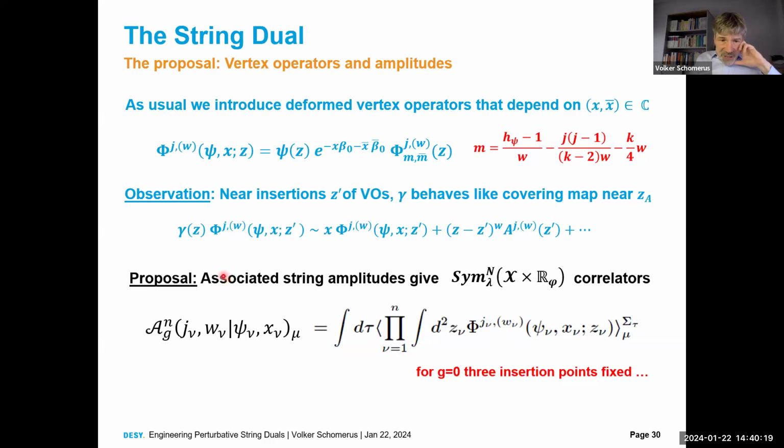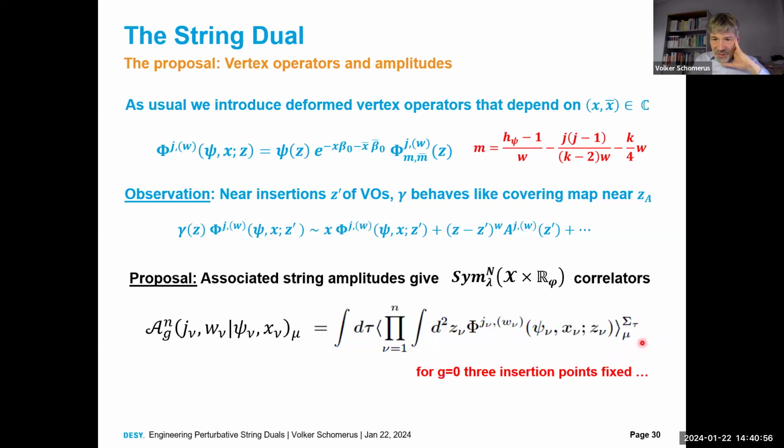And so with these operators now, the proposal is the following. We now have an honest string background, c equal 26, which even has a current algebra symmetry. We have these vertex operators. These are physical states, and according to the rules of good perturbative string theory, we can compute amplitudes in this theory. They will depend, of course, on the choice of momenta, j, nu, along this phi direction, spectral flow numbers, choices of size, number of points, and so on, and on the genus of the calculation, and of course on the parameter that tunes the interaction.